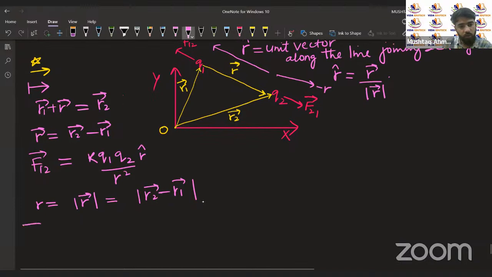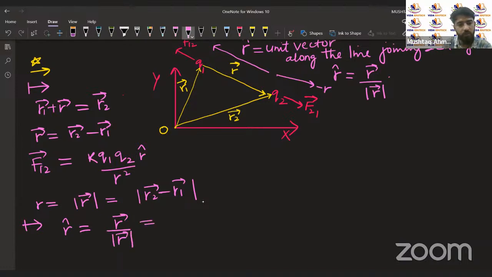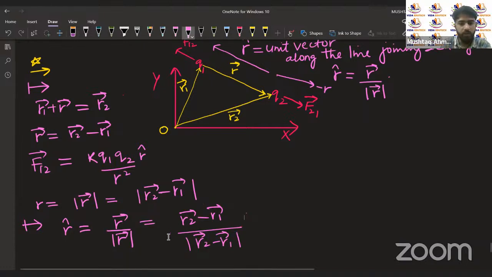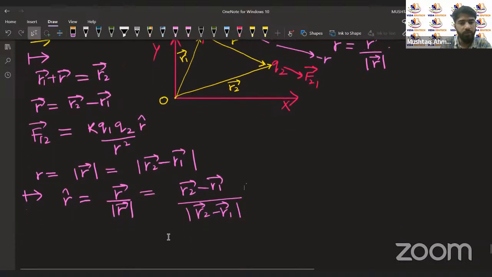Now let's move on. We know r cap is the original vector divided by the magnitude of that vector. We know r cap is r2 vector minus r1 vector upon mod of r2 minus r1. So we'll just substitute this r cap in the above equation.